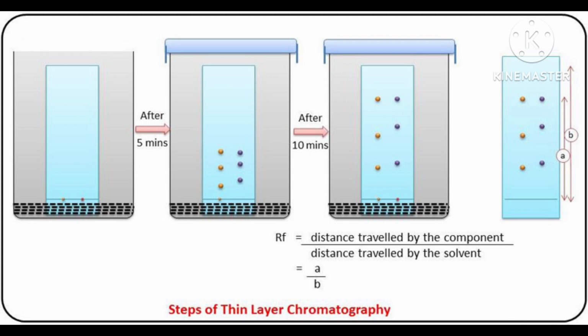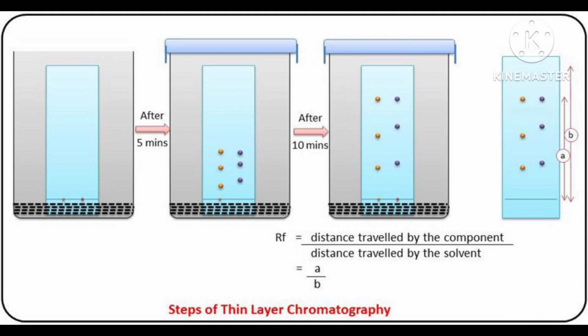Another detection technique, how will you see if it is not very clear? One I told you, the ultraviolet method. In front of the UV light you can keep the plate, then you can see.